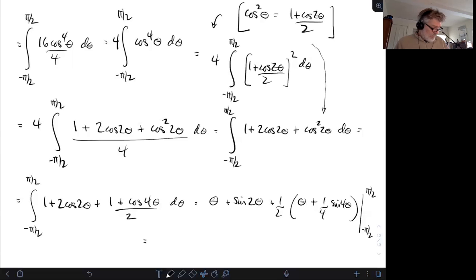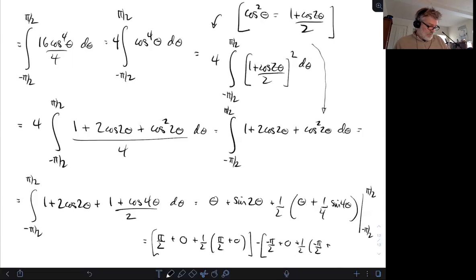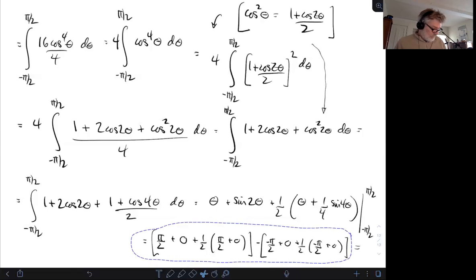So we're left with pi over 2 plus 0 plus 1/2 of pi over 2 plus 0, minus pi over 2 plus 0, plus 1/2 minus pi over 2 plus 0. Okay, I just replaced and subtracted.